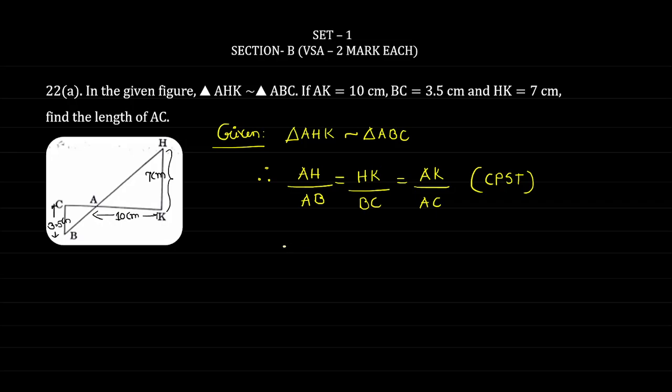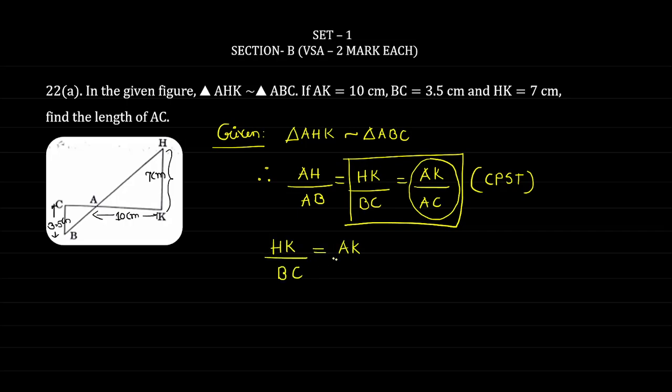Now, what is given to me and what is being asked here? We want to find AC. That means this is useful for us. They are talking about AK, BC, and HK being given. So I think we can use these two ratios to find the answer. HK by BC is equal to AK by AC. Correct?